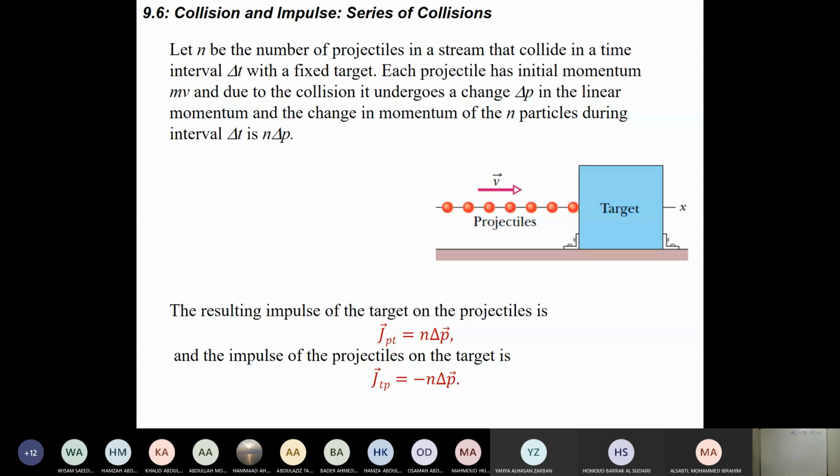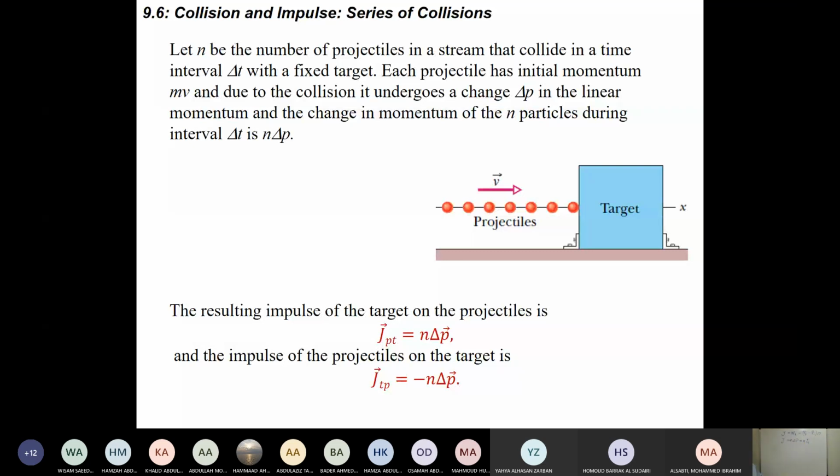Okay. So suppose that I have fired n number of particles. The total change in momentum is going to be n times delta P. Since we know this is the impulse, because J is equal to delta P, for the n number of particles, J is the change in momentum times the number of particles, which you can also express as n times J1.